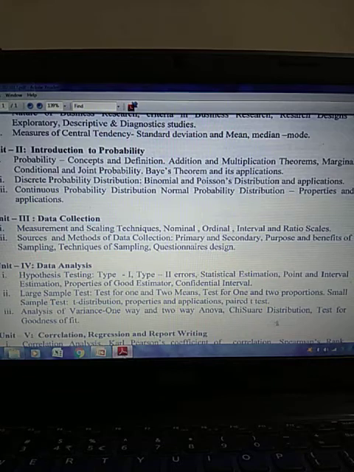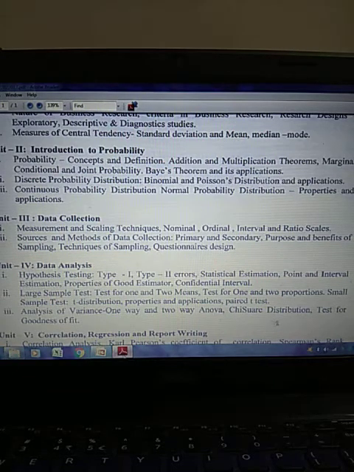What do we mean by hypothesis testing? Null hypothesis, alternative hypothesis, different types of errors like type 1 and type 2, and testing of hypothesis. Two types of tests: large sample tests and small sample tests. Also a very important concept, ANOVA, analysis of variance, under the 4th unit.